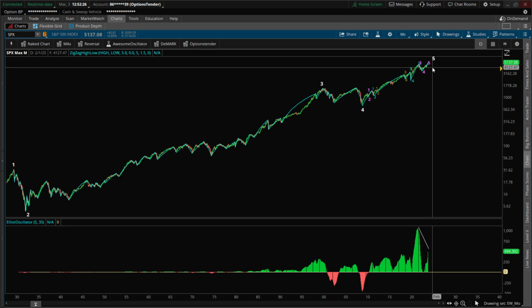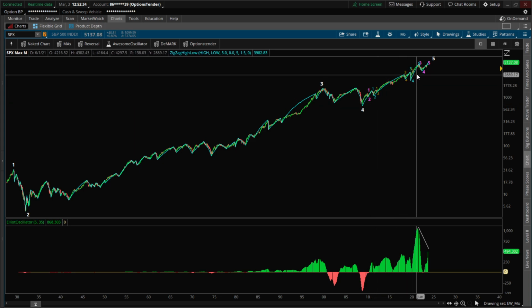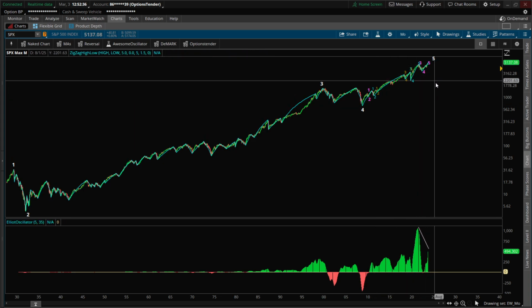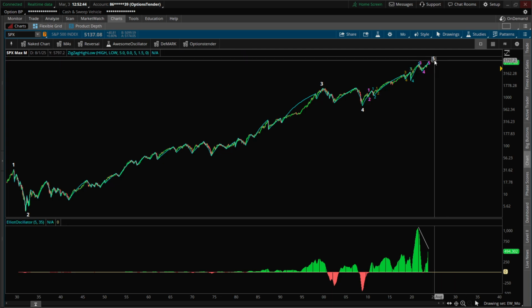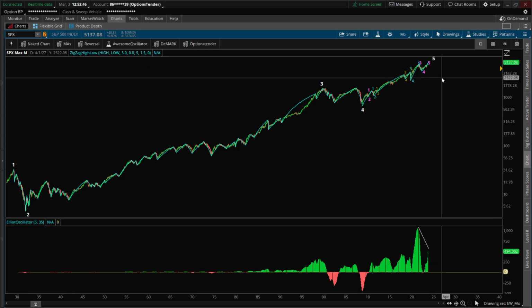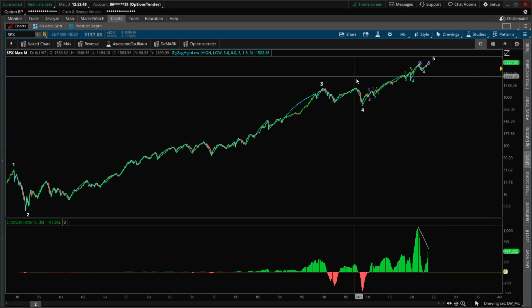Wave 1 into 2 is typically a zigzag, but we could have a flat pattern as well. Usually it is not complex. So what we'll be looking for is a wave 1, pullback for wave 2 in some form or fashion, and then continue a new bull market into wave 3 as an extension of the super cycle wave 5. Okay, so that's the big picture.